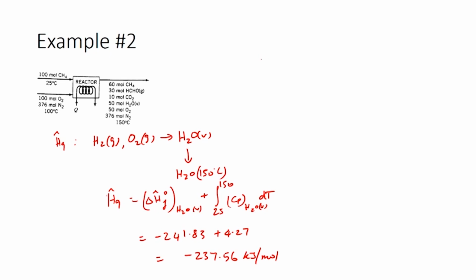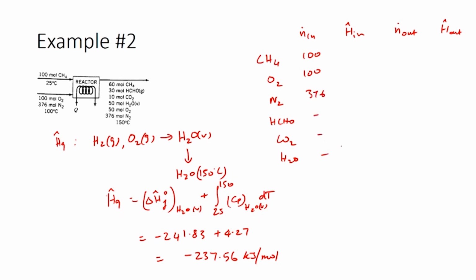So, the enthalpy table will basically look like this: methane, oxygen, nitrogen, formaldehyde, and carbon dioxide and water would basically have N dot in, H cap in, N dot out and H cap out, and you have 100, 100, 376 and then nothing here.